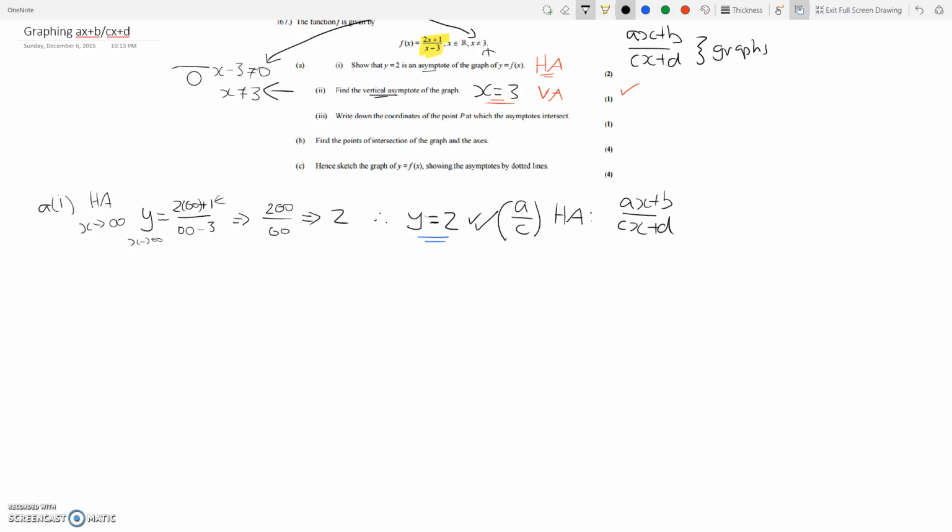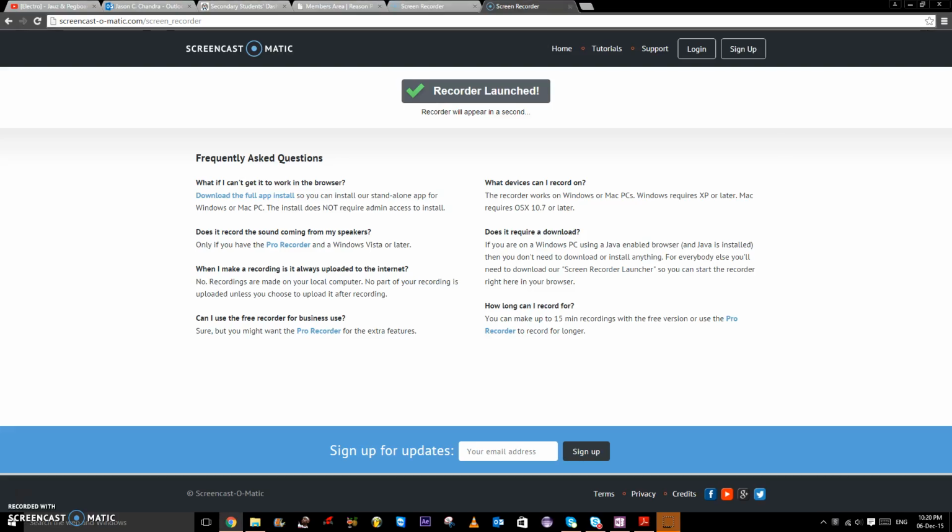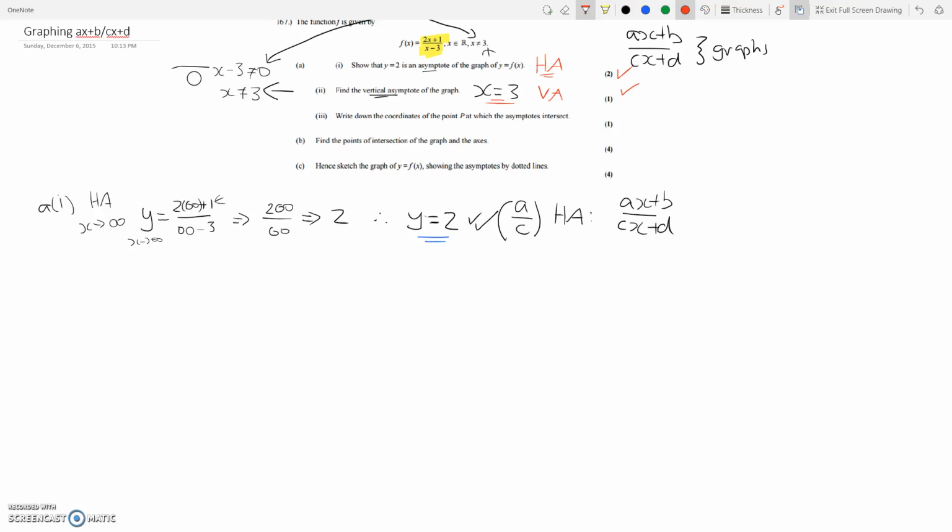Write down the coordinates of the point P at which the asymptotes intersect. At where the asymptotes intersect, we know that there's a vertical asymptote at x equals 3.